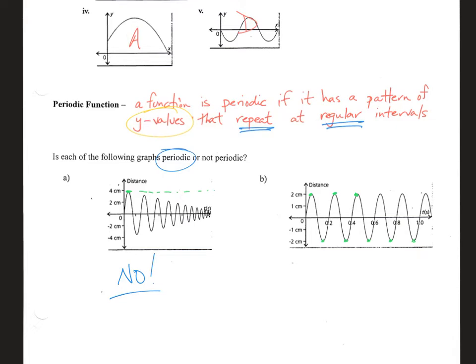Maybe I look at the distance between all of my peaks. This to my next peak takes this long. And now I start to compare. Does it look like it's the same distance and the same distance? That looks like it repeats quite often.